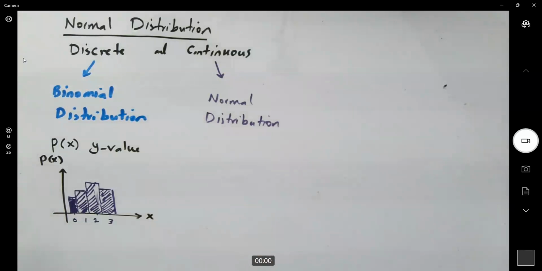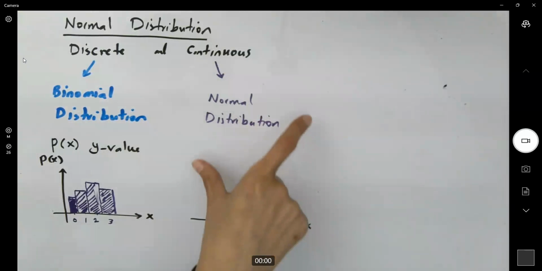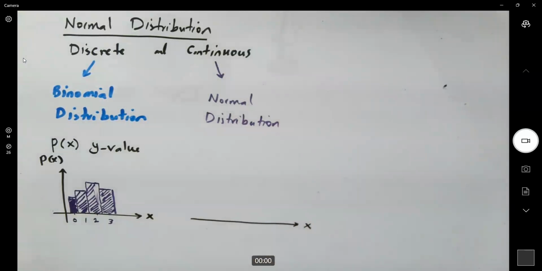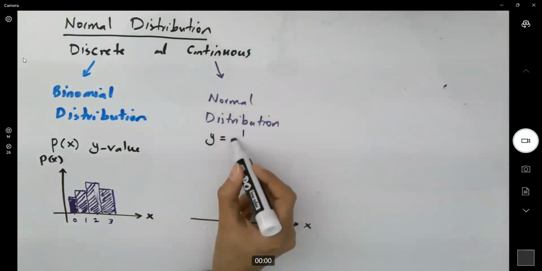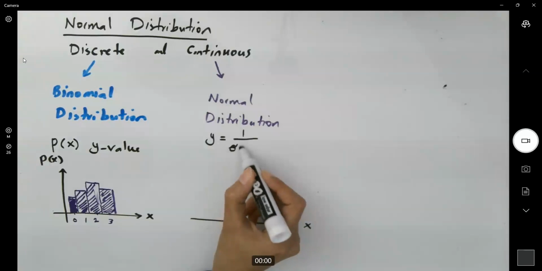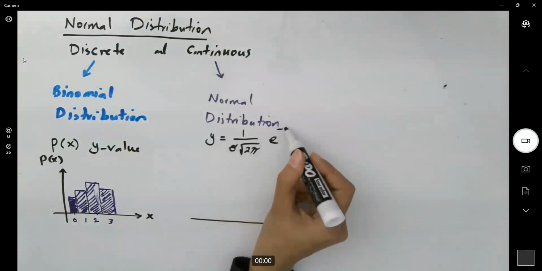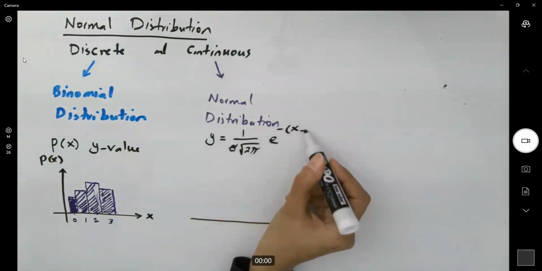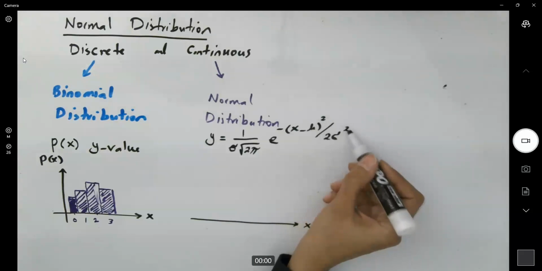For a continuous random variable x following a normal distribution, the probability distribution is this exponential function: y equals 1 divided by sigma times square root of 2 pi, times e to the power negative (x minus mu) squared divided by 2 sigma squared.